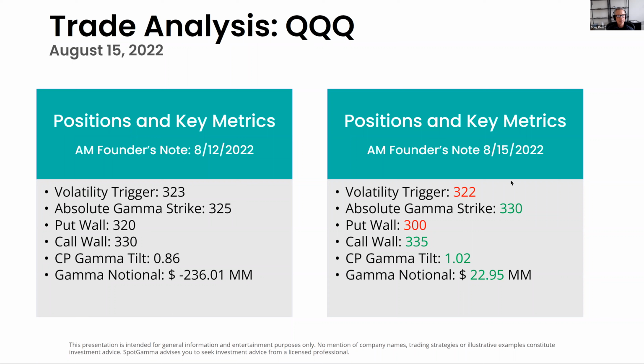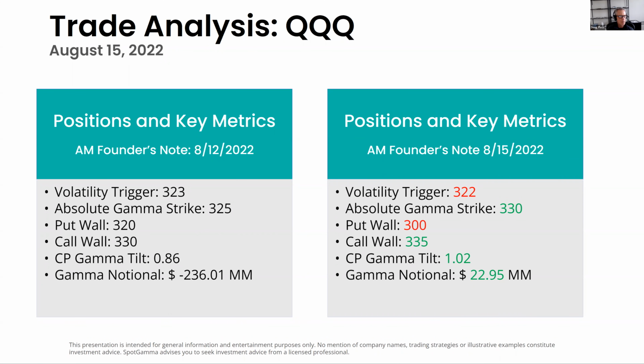So this chart is showing from August 12th to the 15th that the volatility trigger dropped 1 point to 322, and the absolute gamma strike increased from 325 to 330. The put wall dropped from 320 to 300, and the call wall increased from 330 to 335.